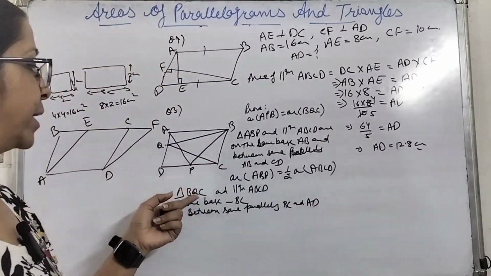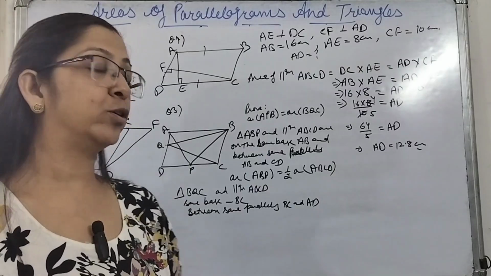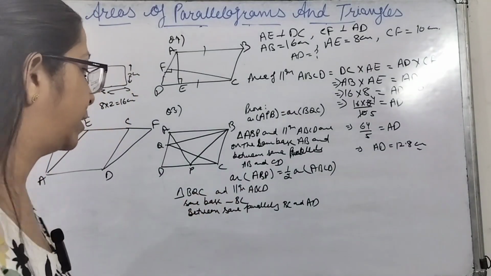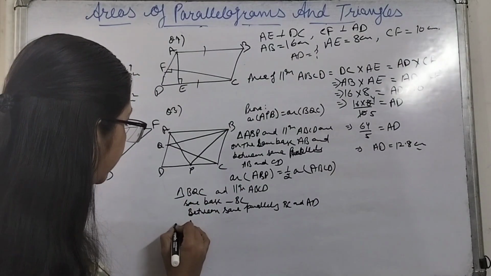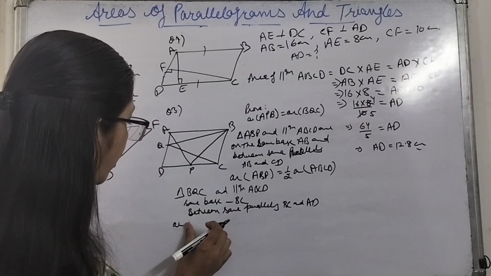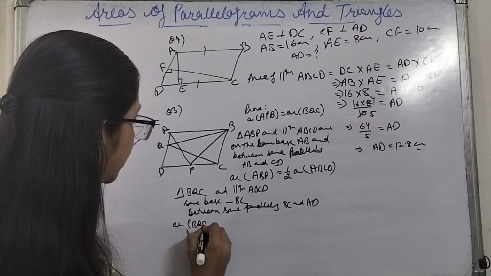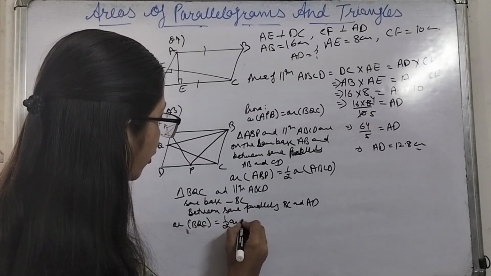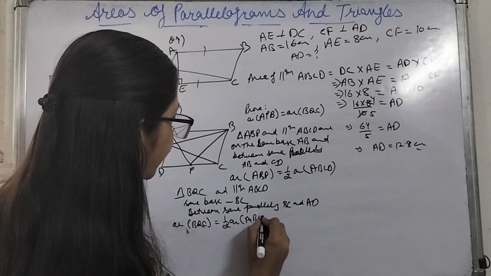So if there is a triangle and a parallelogram which are on the same base and between the same parallels, then the area of triangle BQC will be half of the area of parallelogram ABCD.